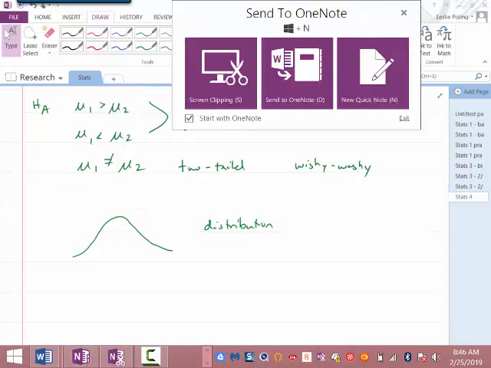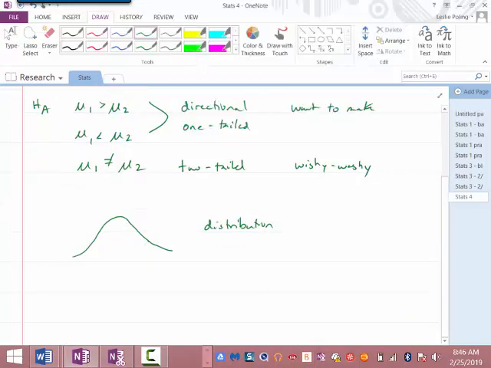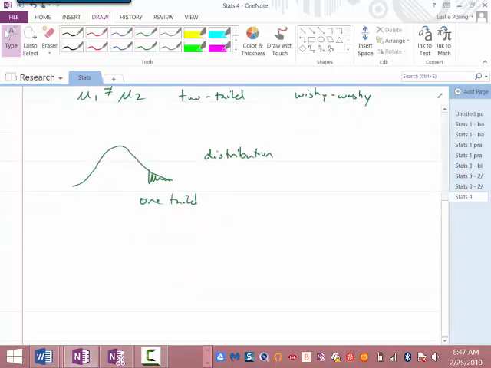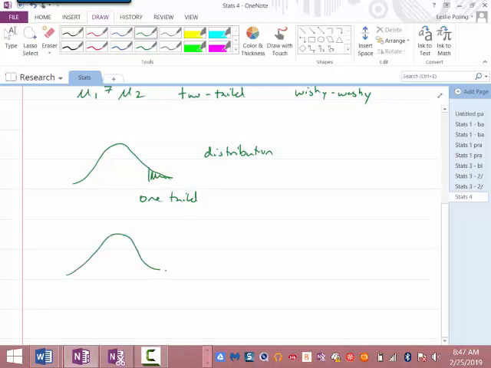Okay? With a one-tailed test, we're looking at just one end of this. With a two-tailed test, we could have it going higher or lower. So we're looking at both of them.